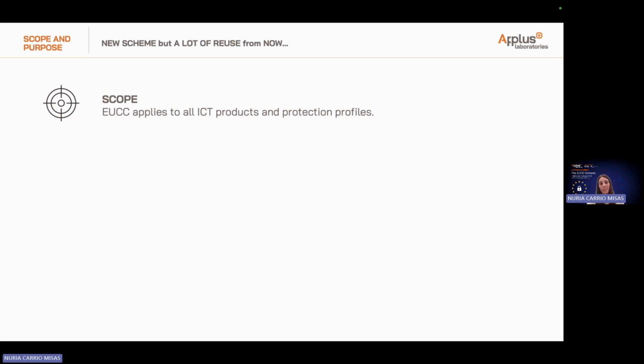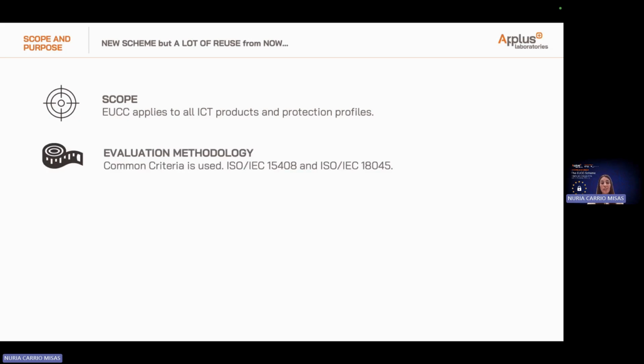This is exactly the same scope that we had before with the Common Criteria as the former schemes, CCRA and SOG-IS. As a spoiler, the core of the EUCC is still the Common Criteria. So the evaluation methodology remains the same. Even though there were some recent changes, it was not because of the EUCC, it's because there is a new version of the Common Criteria, 2022, which was merged in the process of the EUCC adoption.